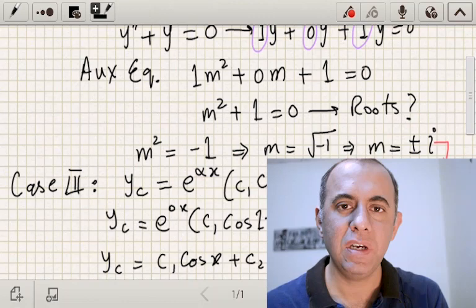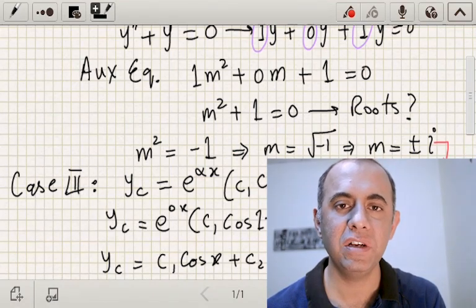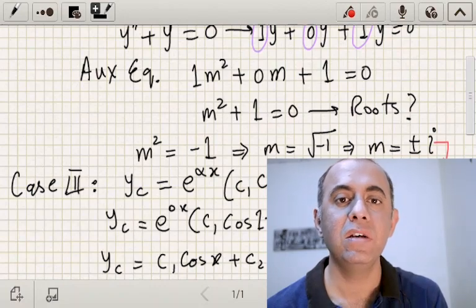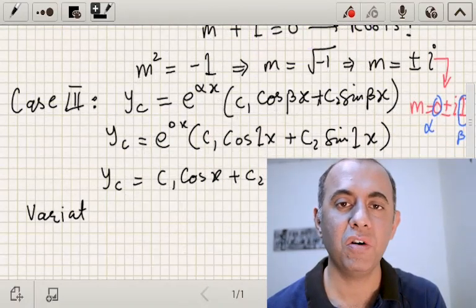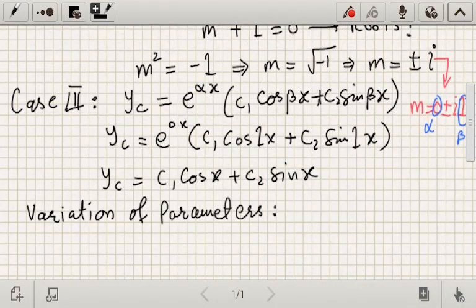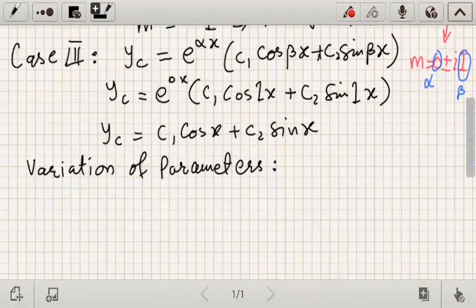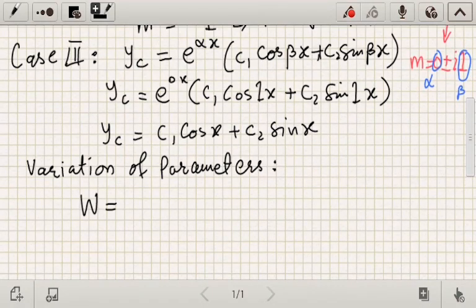Now since we have the complementary solution, we will be using variation of parameters to find the particular solution for this problem. The formulas need us to find W first, which is the Wronskian, with entries y1, y2, y1 prime, and y2 prime.